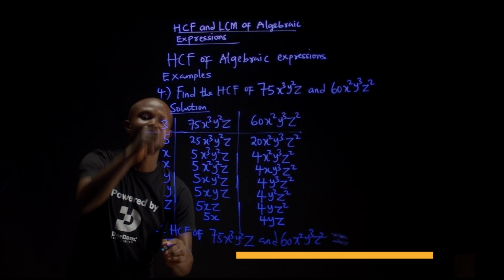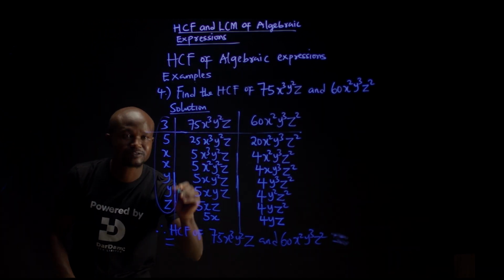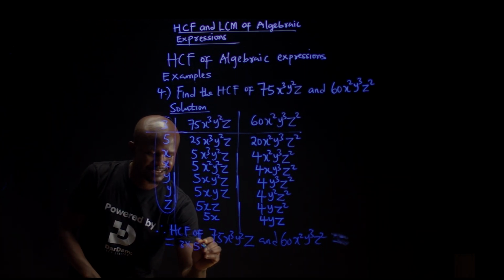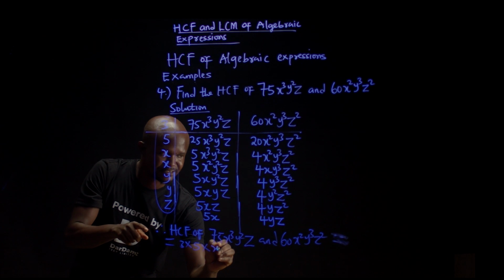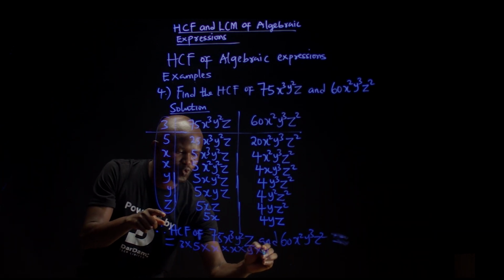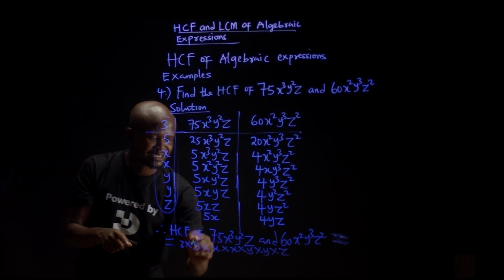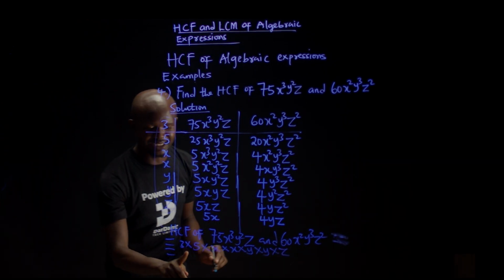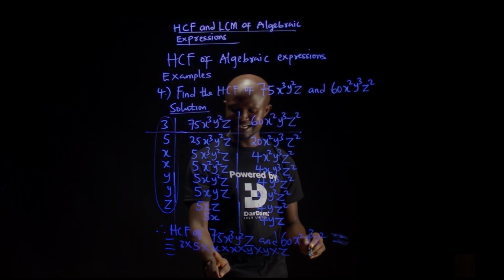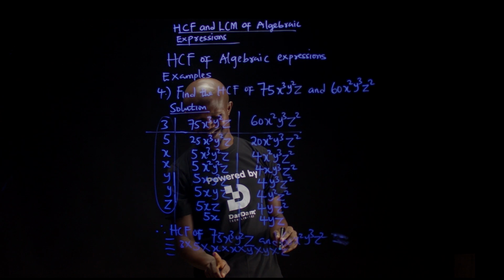Which is, from here, 3 times 5 times x times x times y times y times z. And this is equal to what? 3 times 5, what do we have? 15. 15 times x, 15x.